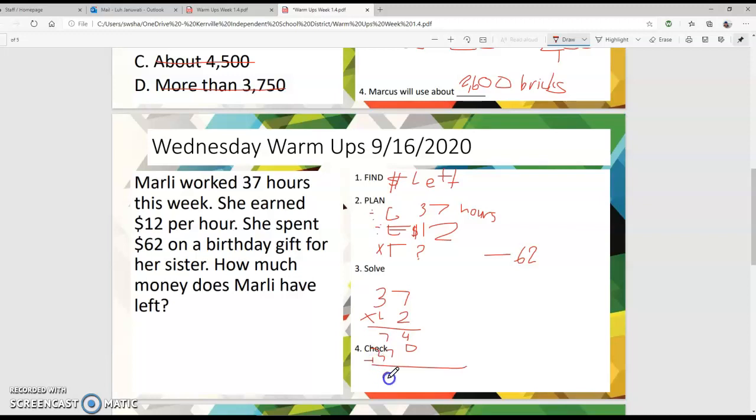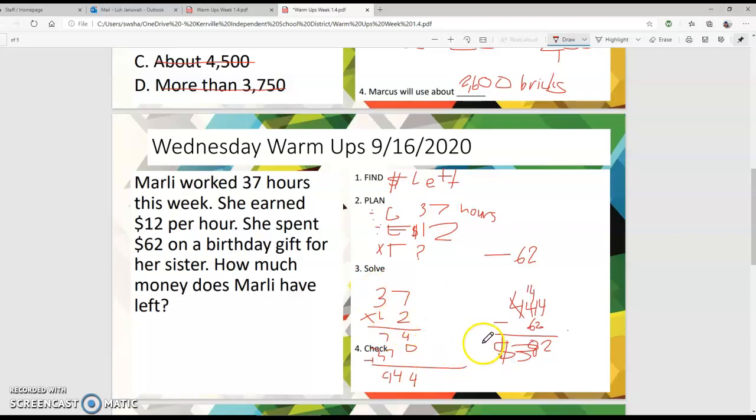That is 444. And then you need to take away the 62. Okay, so this is how much money she has left.